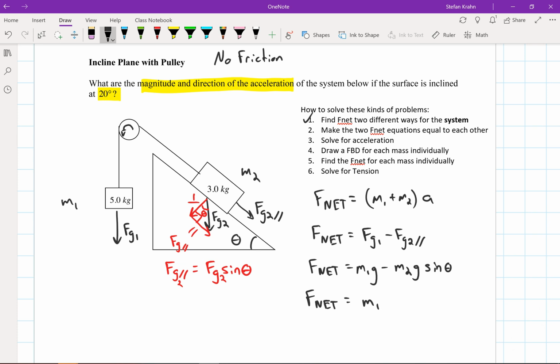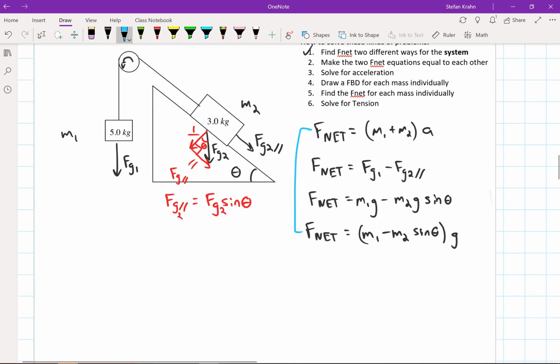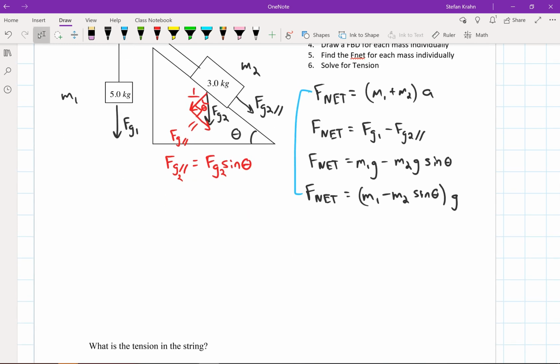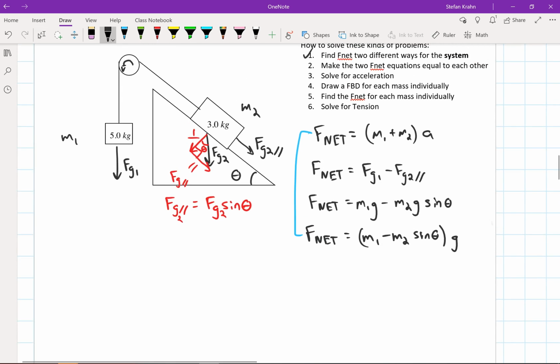So I'm going to have mass 1 minus mass 2 sine theta, all times my g. And these are my two net force equations that I'm going to make equal to each other. So that's what I'm doing now, and then I'm going to solve for acceleration.